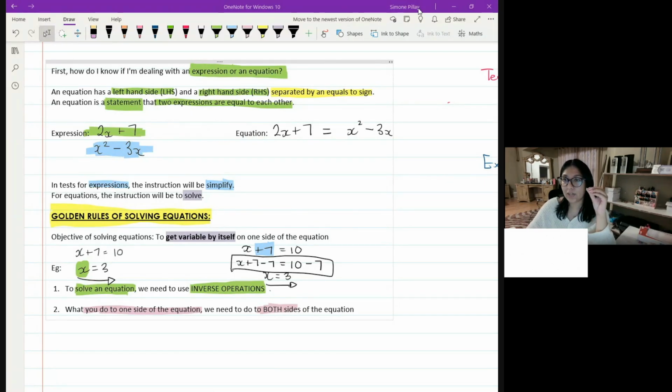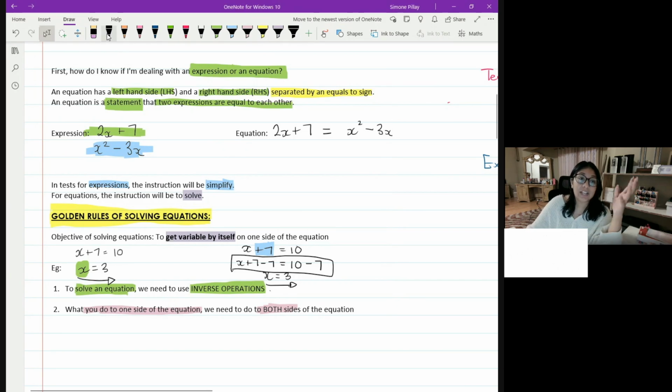Now, when we're solving equations, there is a shortcut to using the inverse of addition and subtraction. The shortcut only works to reverse addition and subtraction. Please do not tell me you're going to take a coefficient to the other side.